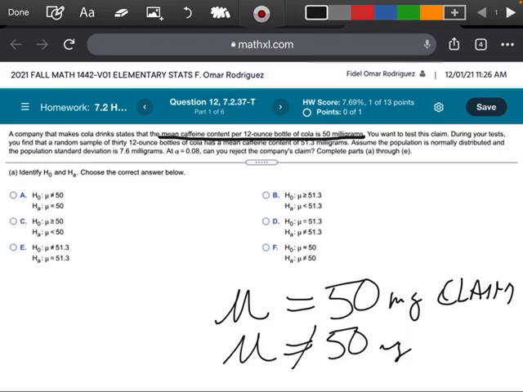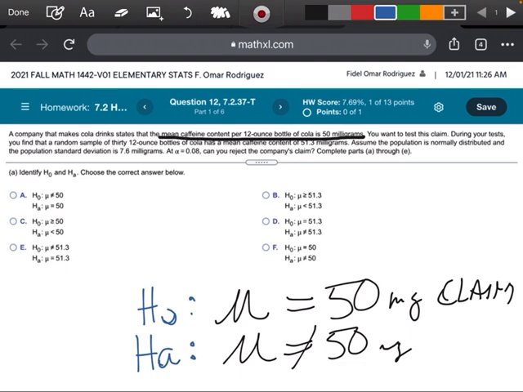And so the opposite of saying something is equal to is saying that something is not equal to 50 milligrams, right? So the first one is going to be our null hypothesis because it has the equal to part. And then the second one is going to be our alternate, right?